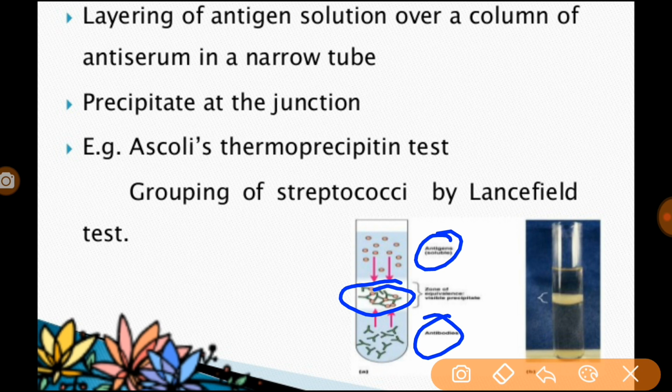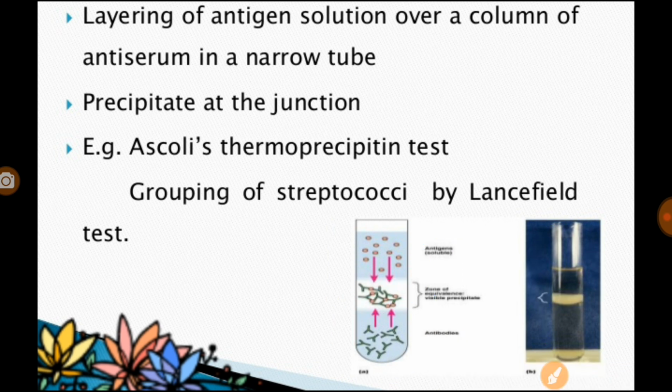This is the diagrammatic representation, while the actual figure is here, in yellow color. It involves layering of antigen solution over a column of antiserum in a narrow tube, and the precipitate forms at the junction. Examples are the Ascoli thermoprecipitation test and grouping of streptococci by the Lancefield test.